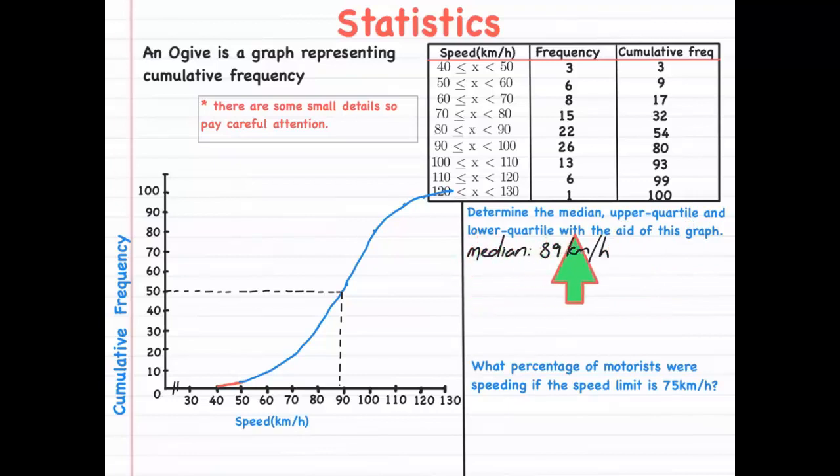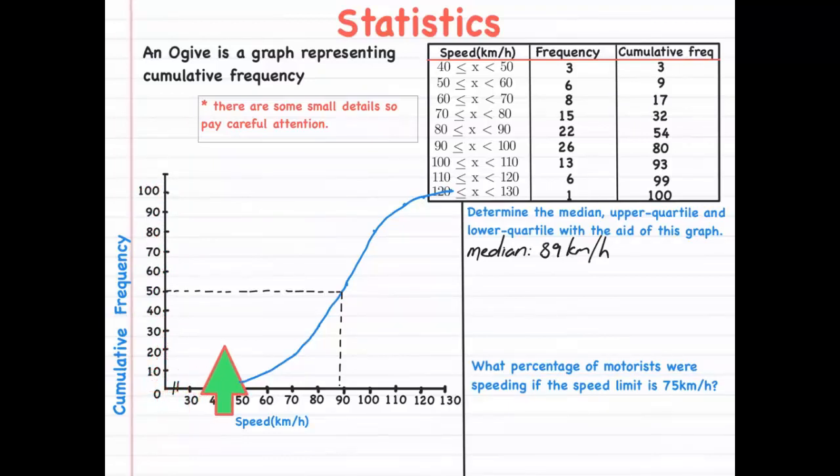To get the lower quartile, we are a quarter of the way through our data. We can say 100 times a quarter gives us 25, or we can simply say 50 divided by 2 is 25. So we go to 25 on the cumulative part of our graph, which is our y-axis, right in the middle of 20 and 30.